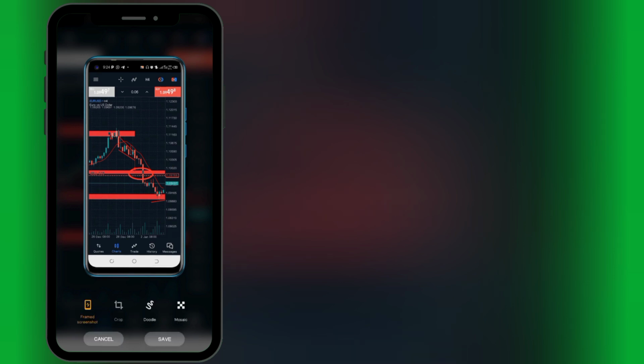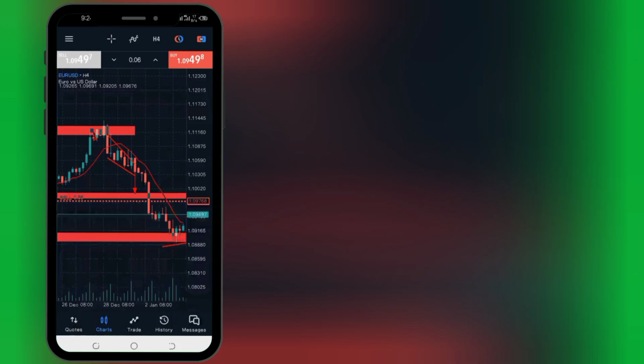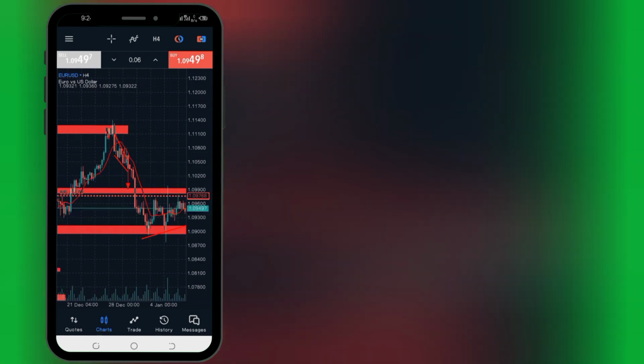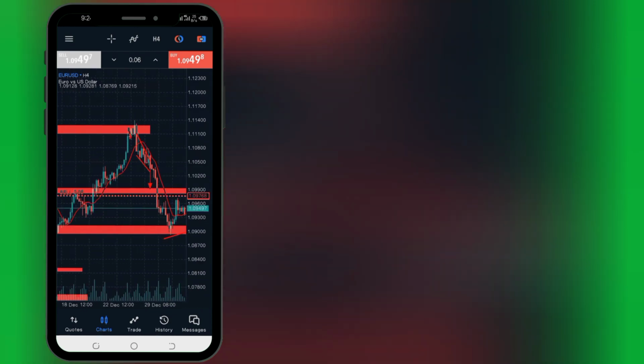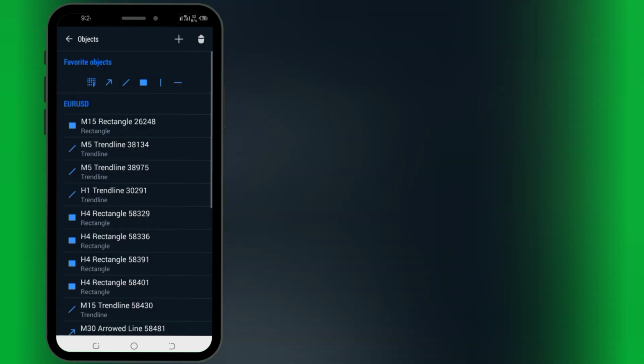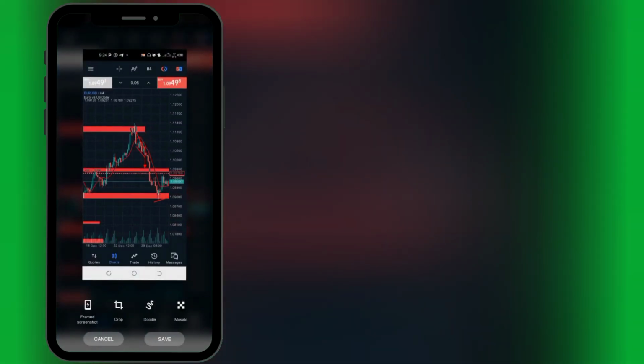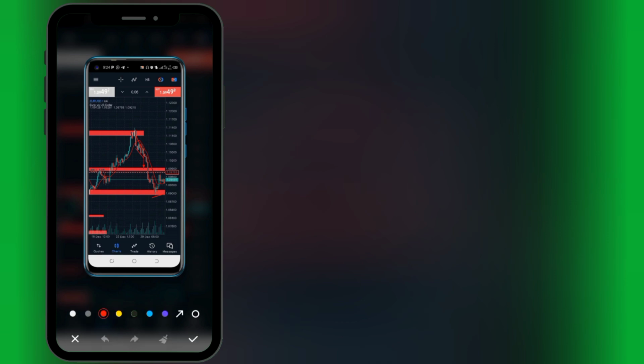When I look at the past data, I see there's a probability that when the market gets to this area here, because as you can see, when the market got here before, the market reacted, so I was expecting the market to react here.